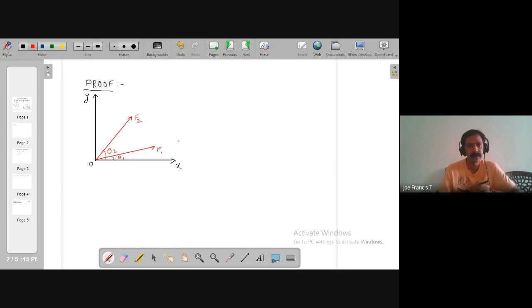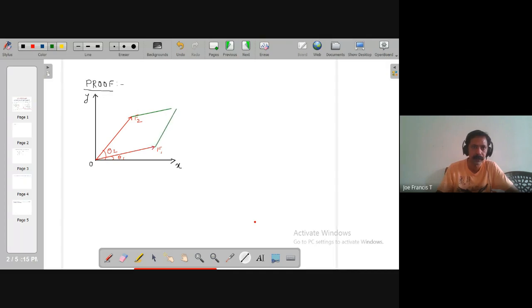There are two forces acting, two concurrent forces acting. Now these two forces will be having a resultant. So if I try to find the resultant, suppose I construct a parallelogram. Right, and then I'll use a different color. Draw a line parallel to F1.